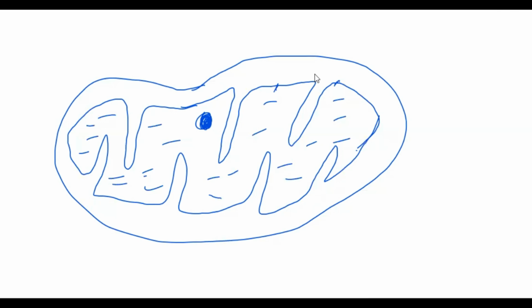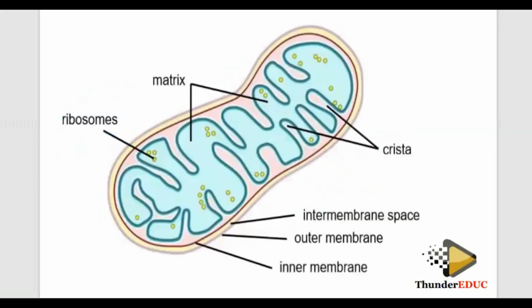It does not only stop there, because it is supposed to manufacture its own proteins. Therefore, it has some ribosomes in there. That's why you see them here.